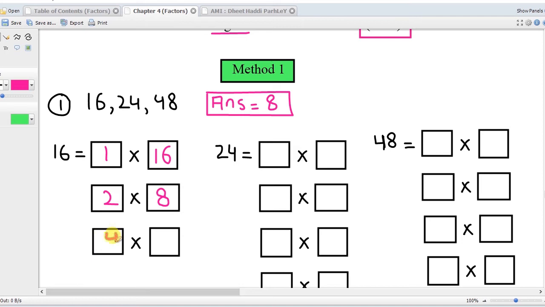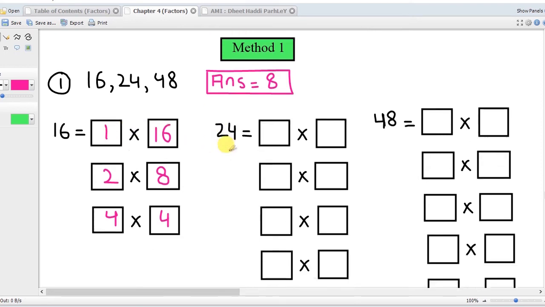Yes, 4 times 4 is 16. Now see, the numbers are repeating, so there is no need to look at further numbers from 5 to 16 because they are already there. So the factors for number 16 are 1, 2, 4, 8 and 16.